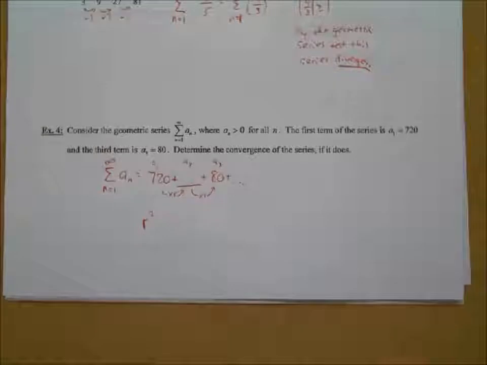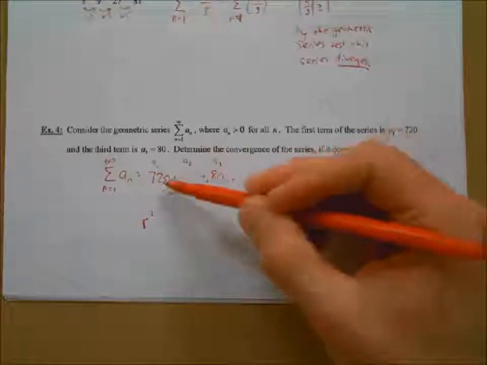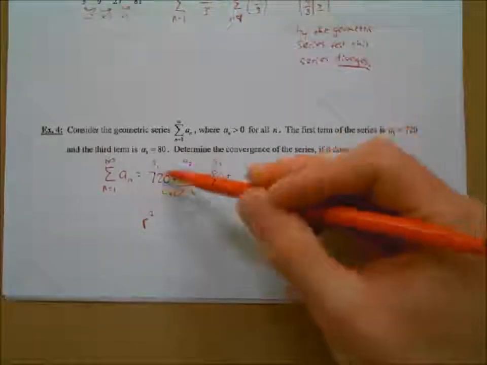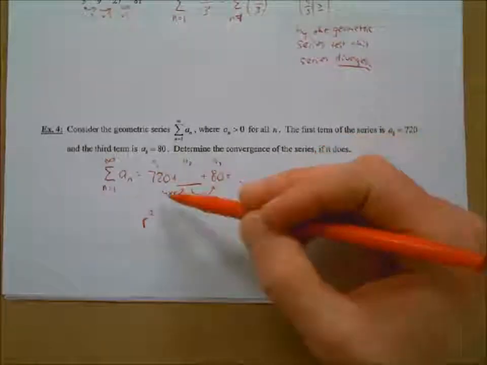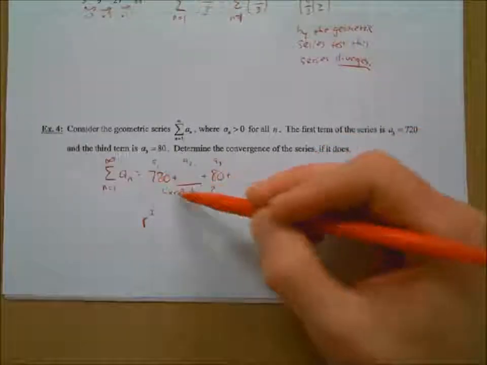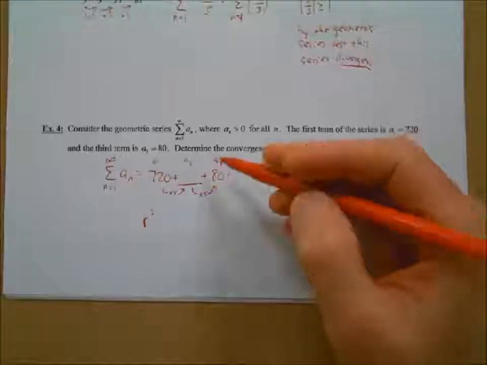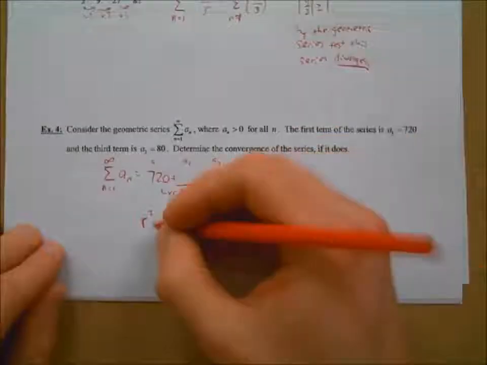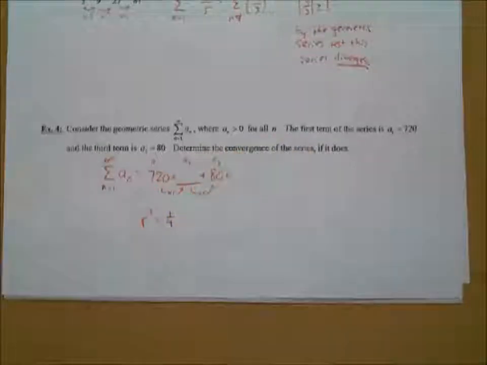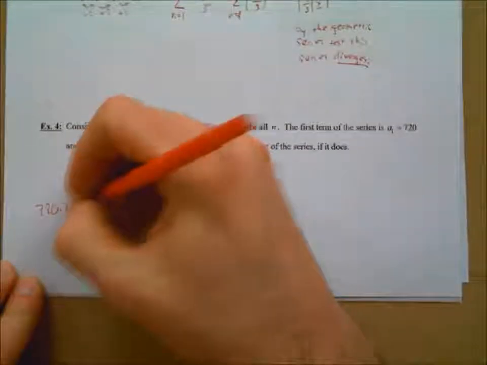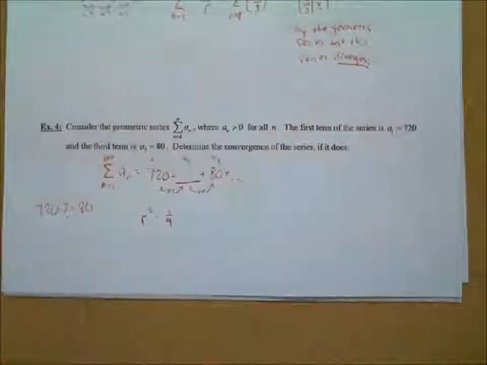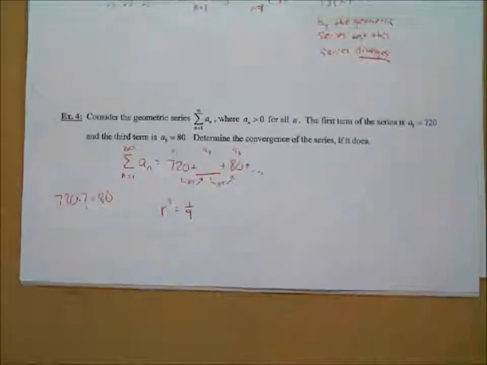What would we multiply 720 by to get 80? Not 1/6? Not 1/7? Do I hear 1/9? Because that's what the actual answer is. It's 1/9. How can we figure that out? 720 times what gives us 80? It's a simple equation.